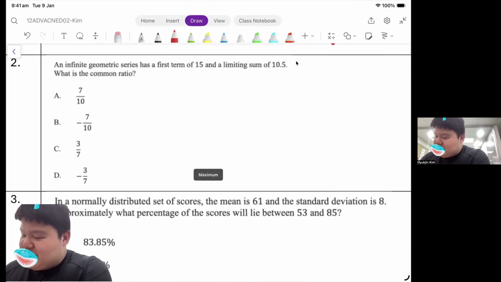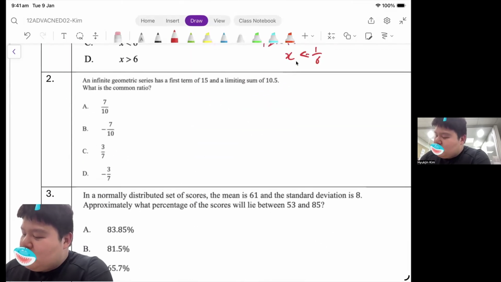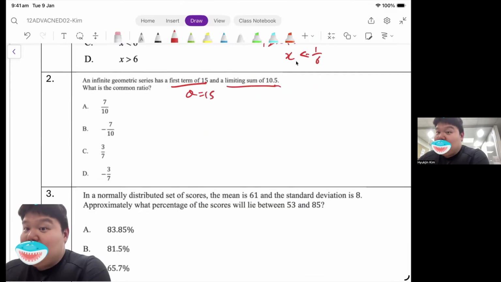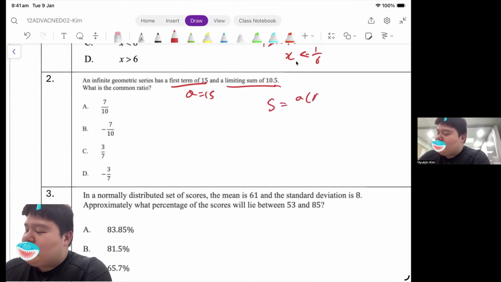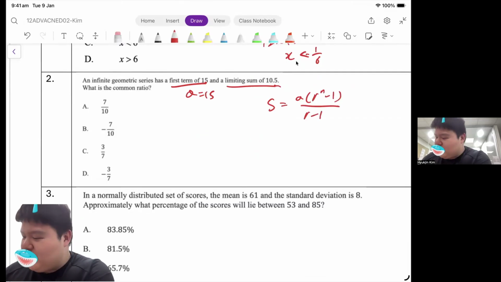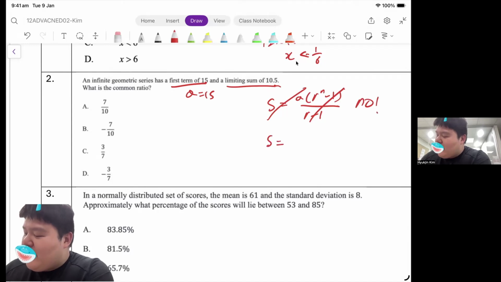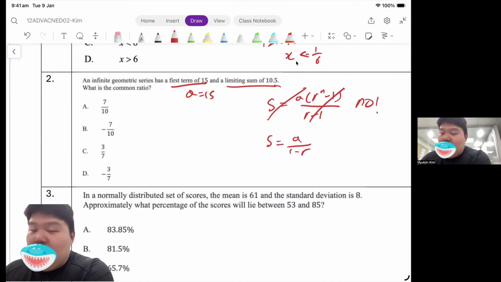An infinite geometric series has a first term 15 and limiting sum of 10.5. Limiting sum essentially just means instead of doing sum equals a bracket r to the power of n minus 1 over r minus 1, that is a normal sum. We're not doing that. No, limiting sum is we just do a over 1 minus r.